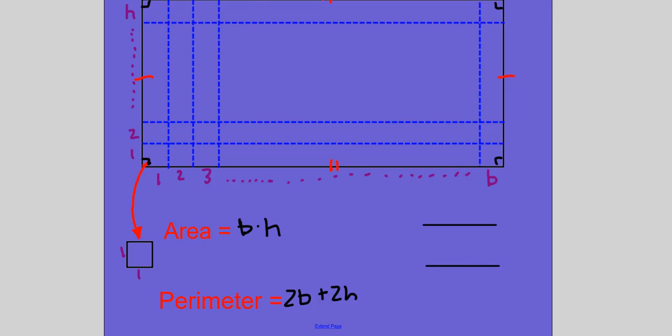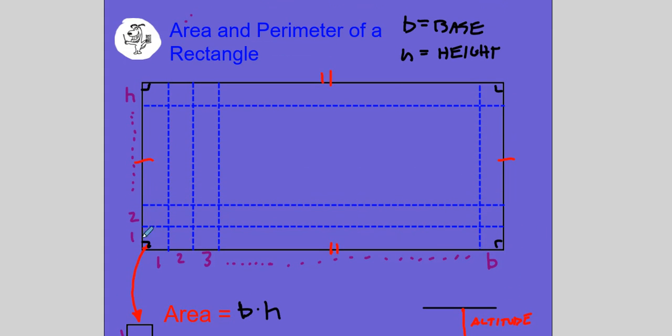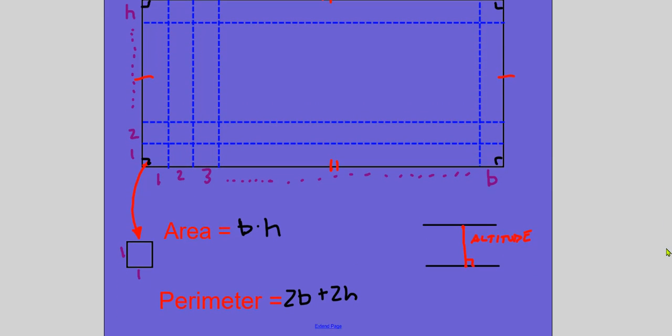Well, if I drop a rope from the ceiling to the floor, it's going to intersect that floor at a right angle. That is the height, or altitude, of the ceiling from the floor. So the height here intersects from here to here at a right angle. So the perimeter is 2b plus 2h, and the area is b times h.